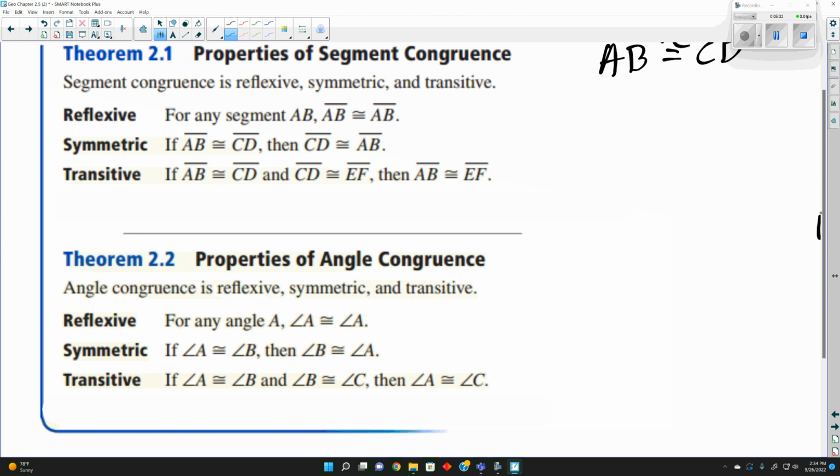So we are in the 2.5 note sheet, the one that we did Friday.